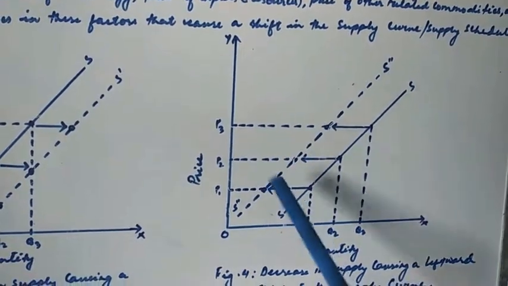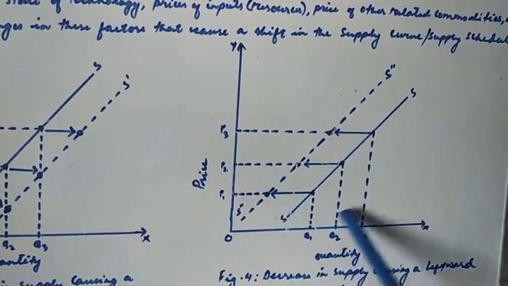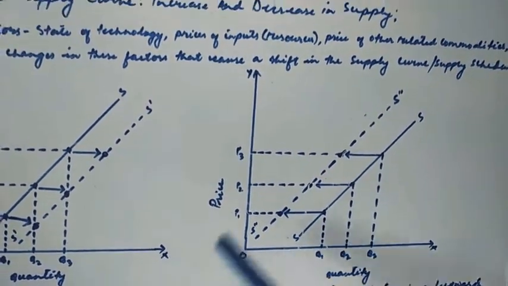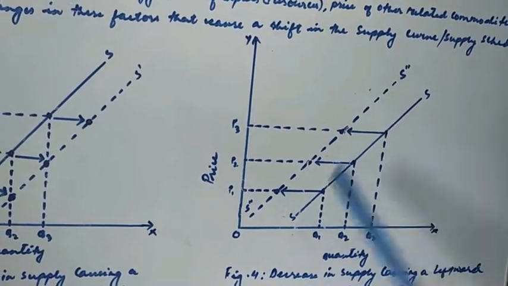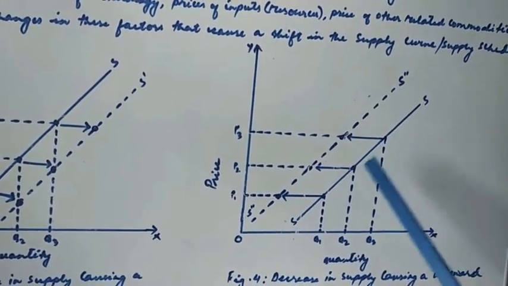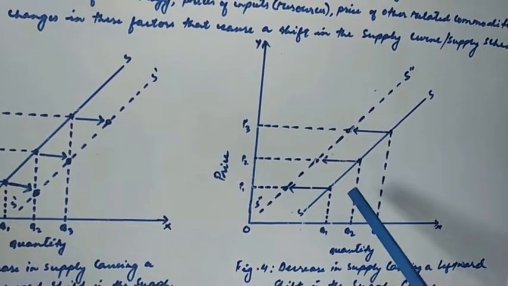The tax or the excise duty will be counted as part of the cost of production. So they are going to charge a higher price than before, so as to cover the excise duty or sales tax per unit.